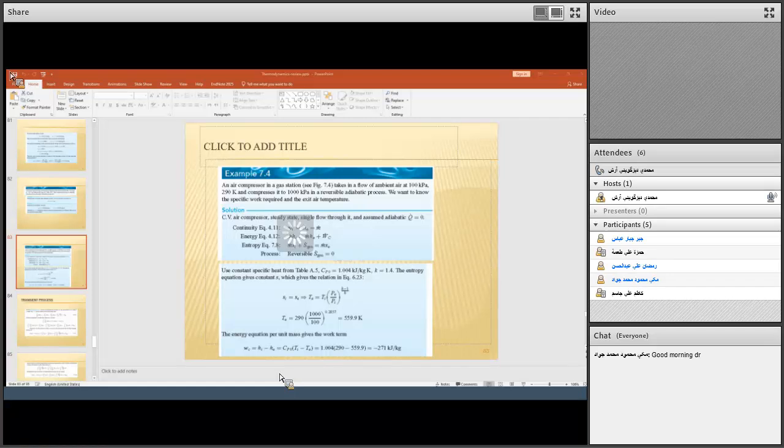If we compute this, we see that the exit temperature equals 559.9 Kelvin.